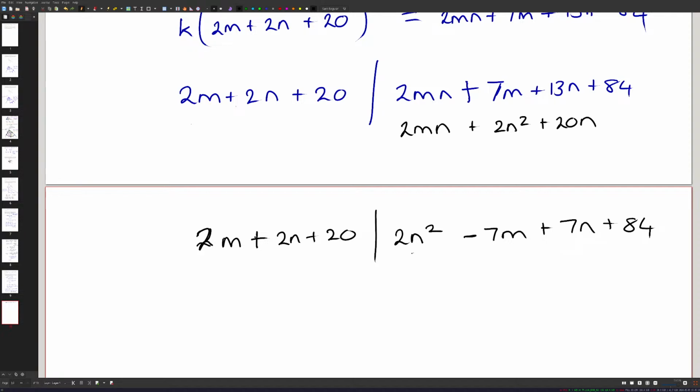But we haven't gotten rid of the quadratic term here. We're going to be able to make it an m squared or an n squared or an mn or whatever, but I don't know how to get rid of it completely.